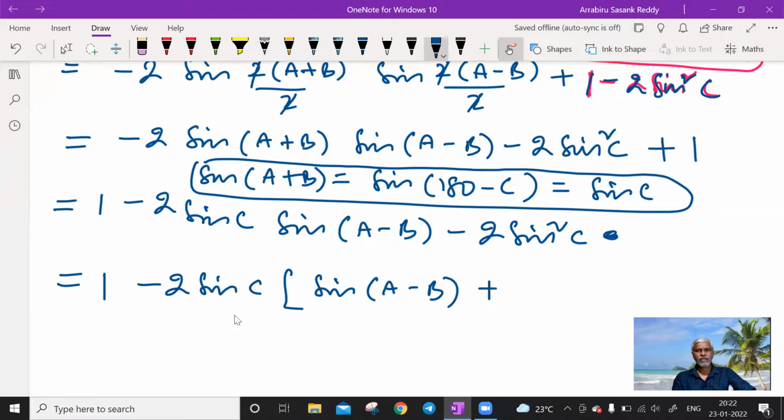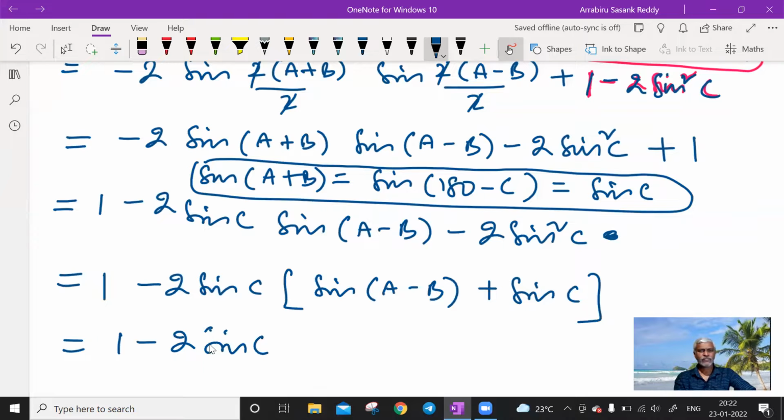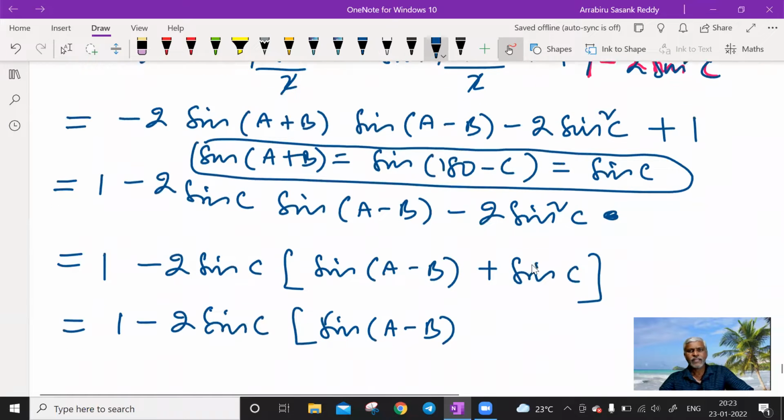Here, taking minus common, it becomes 2 sin C. So 1 minus 2 sin C into sin(A minus B) plus sin C. Write sin C again as sin(A plus B). So in place of sin C, again write sin(A plus B).